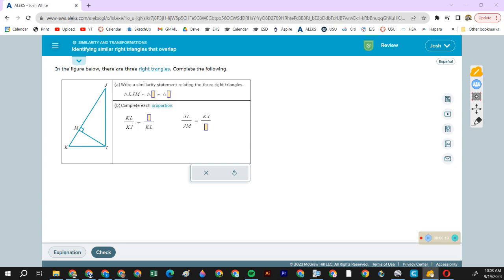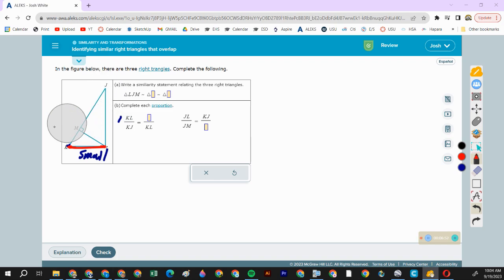So now we look at the proportions. We want to take KL. So KL would be this one. And then KJ, which is this one. So which triangle are we dealing with? The big one. So in the big triangle, this is the small side. So that's the small side divided by the longest side.